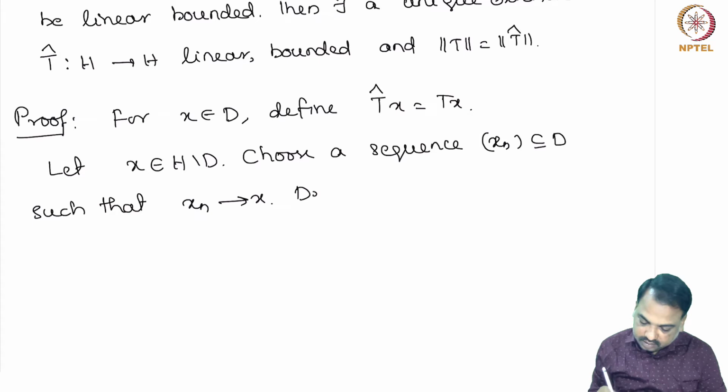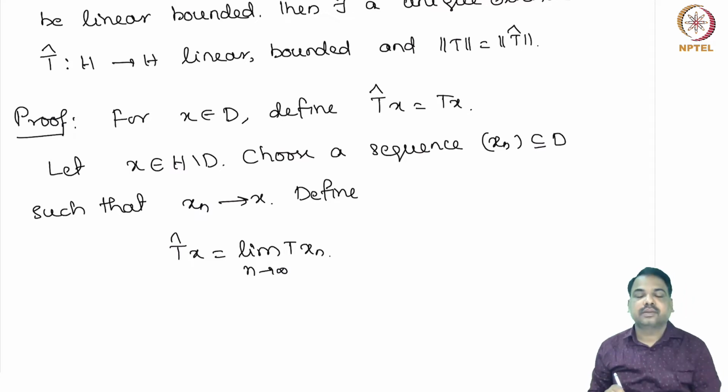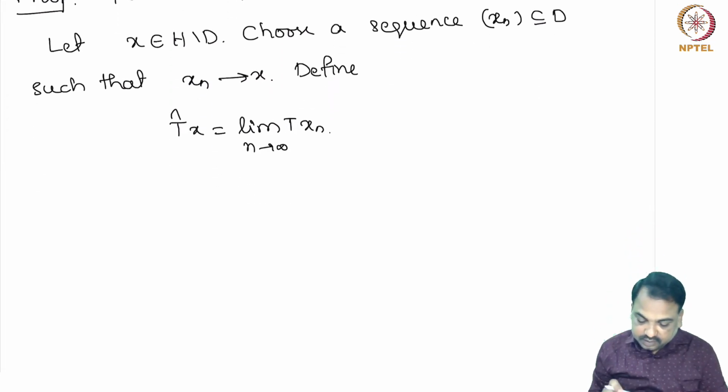Now define T hat at x as the limit of Txn. We know that xn is convergent, and T is bounded, so T of xn is convergent, but we don't know whether T of x exists or not. In general, when x is outside D, T of x need not exist. So T hat at x we are defining in this way.